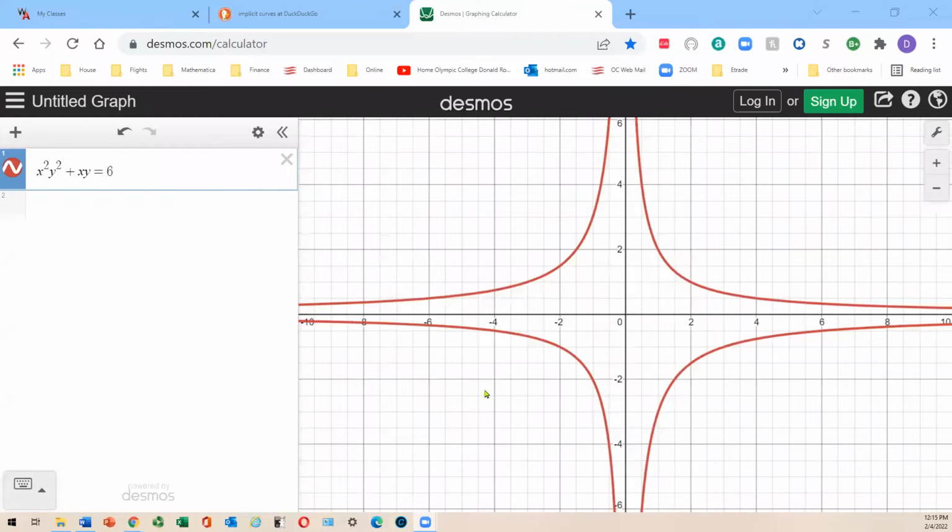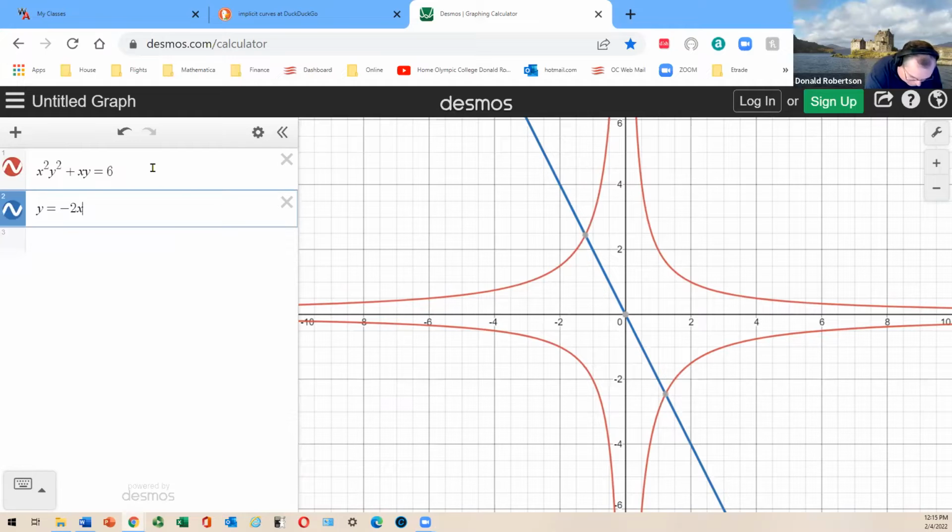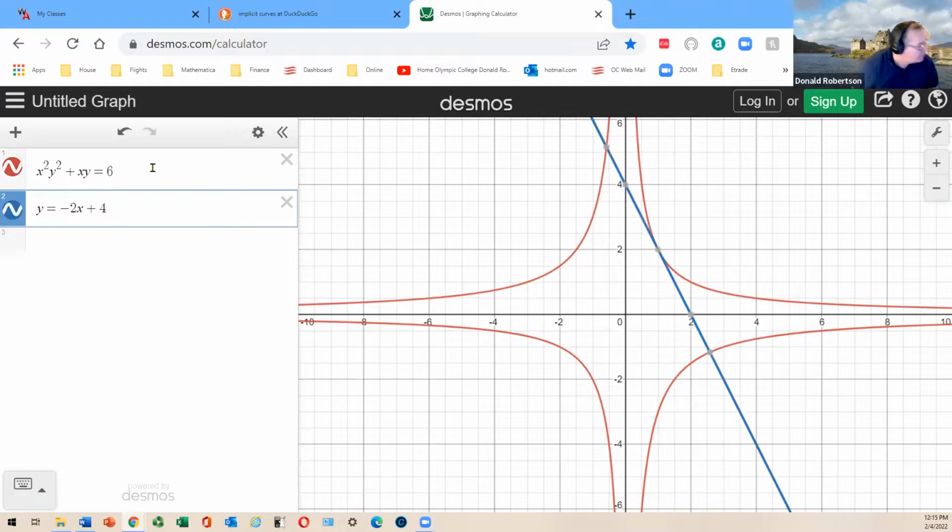So let me show you the real graph and what it looks like. Right. Are you looking at a picture of Desmos right now? Okay. That guy is the one that I just typed in a few moments ago, right? And the straight line that we have is y equals negative 2x plus 4.